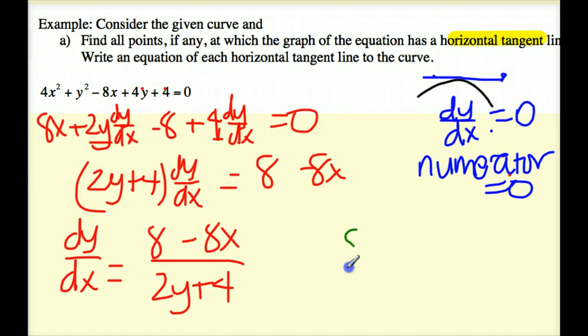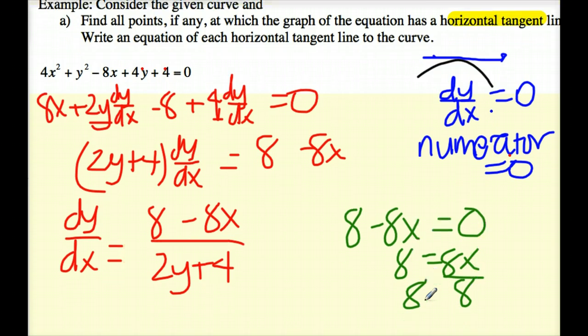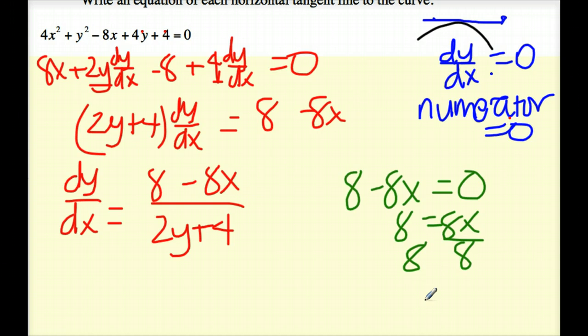If I set this numerator equal to 0, I get 8 is equal to 8x, and if I divide by 8, we get that x is equal to 1. According to this, I need to find where this happens, so I need to find the matching y value.